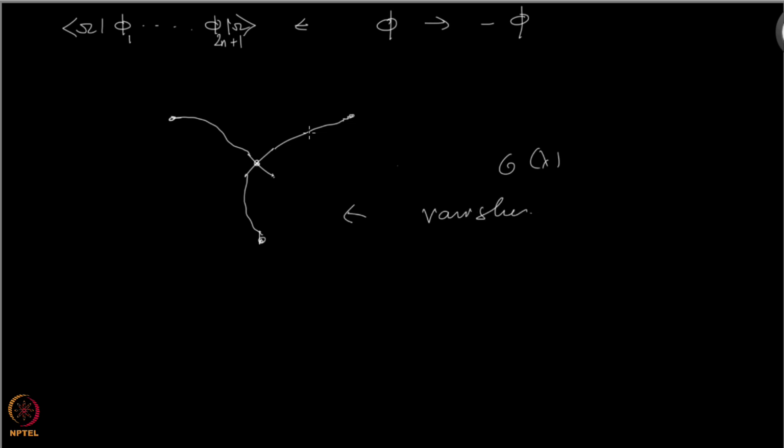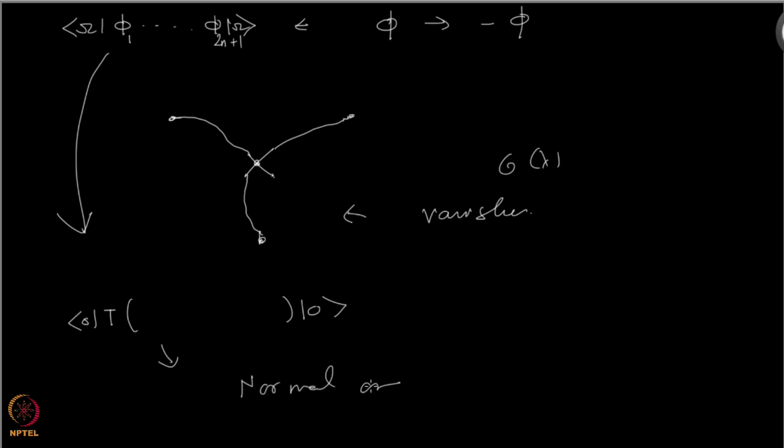Let me remind you why this vanishes. Remember that when we were looking at the time ordered product of the fields, this is what everything had boiled down to when we were trying to write down this expression. There, we turned it into a normal ordered product, and that helped because once you have everything normal ordered and you have the vacuum on left and right, only those terms survive which are fully contracted.